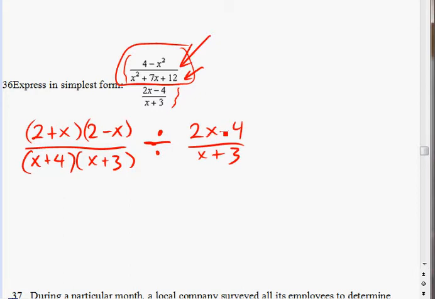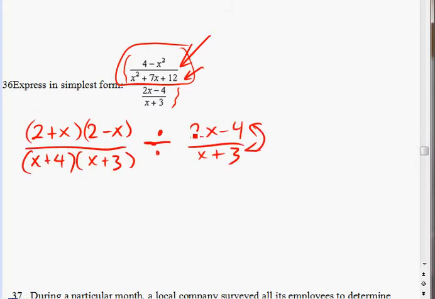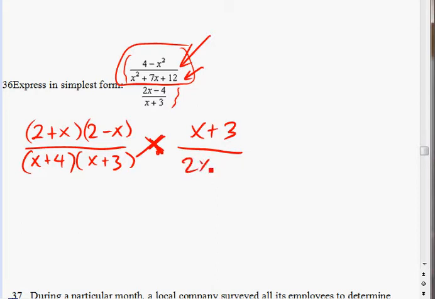Whenever we divide by another fraction, we can always flip it and change it into multiplication. So let's do that first. So now we have x plus 3 on the top and 2x minus 4 on the bottom.